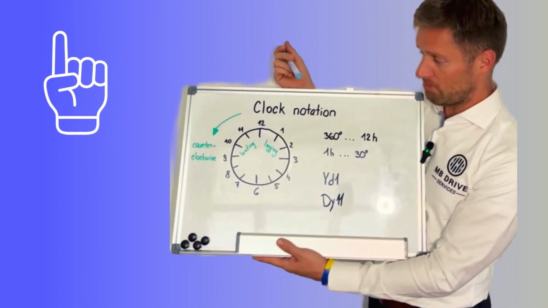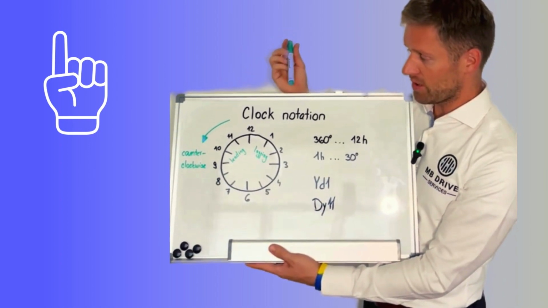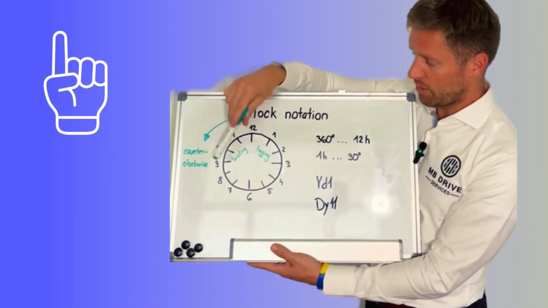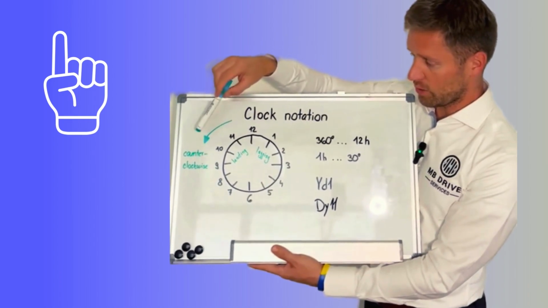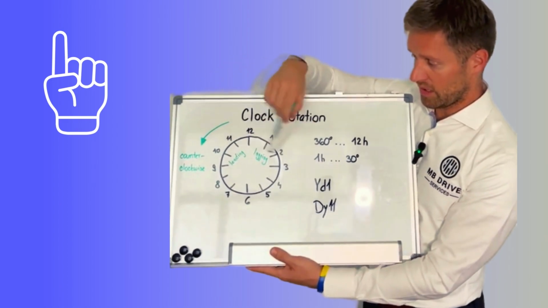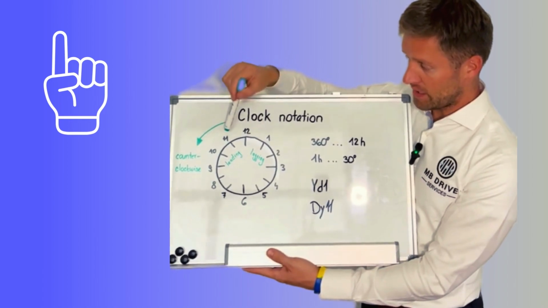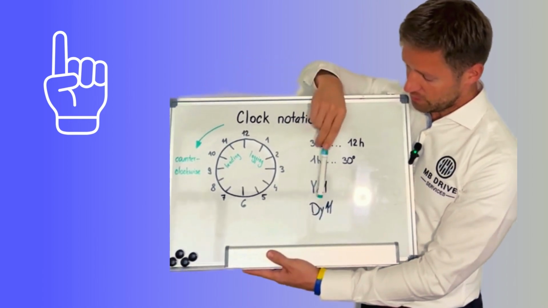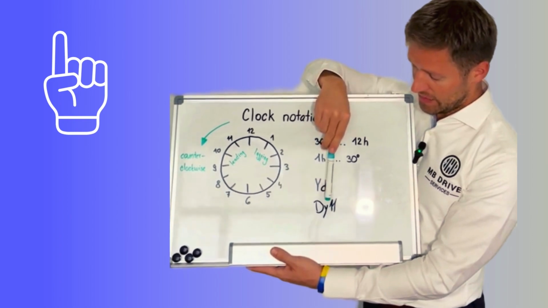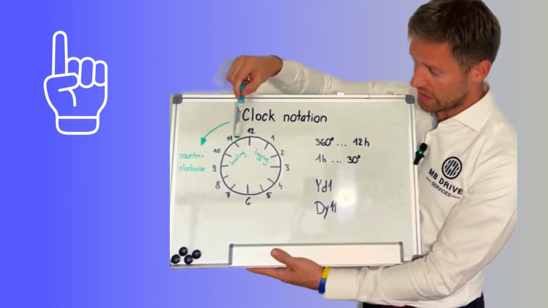It is important to note, maybe not obvious, that the notation is such that the positive direction of rotation is counterclockwise, so in the opposite direction to how a normal clock rotates. It means that if it is DY11, then the Y connected winding is 30 degrees leading.